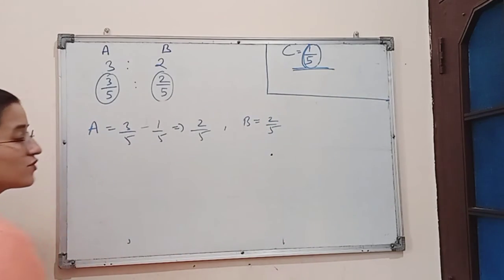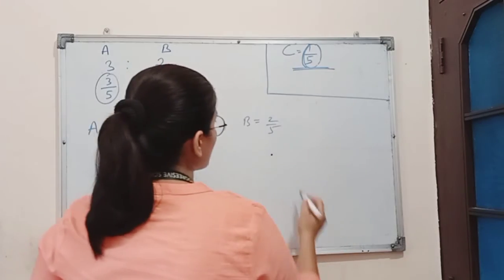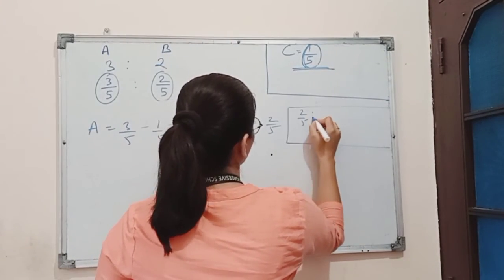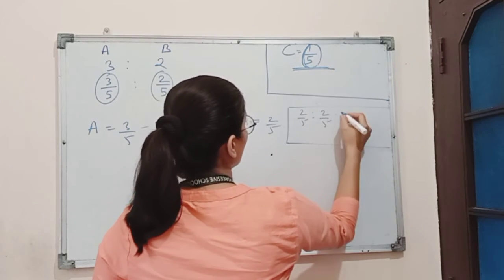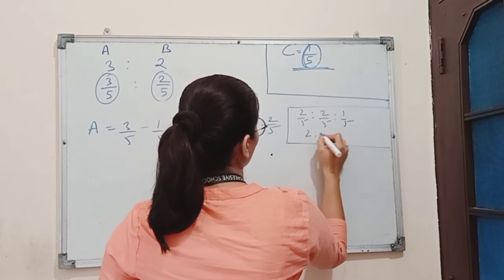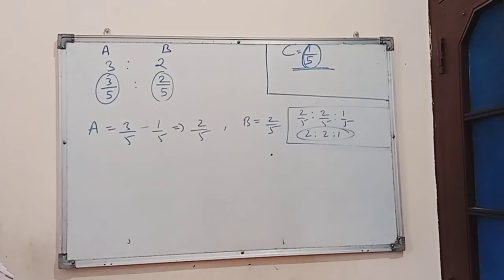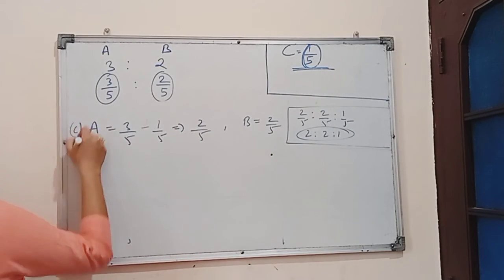So B's share is 2/5. New profit sharing ratio among the partners will be 2/5, 2/5, 1/5. 2:2:1 will be the new profit sharing ratio among the partners. This was the third case.